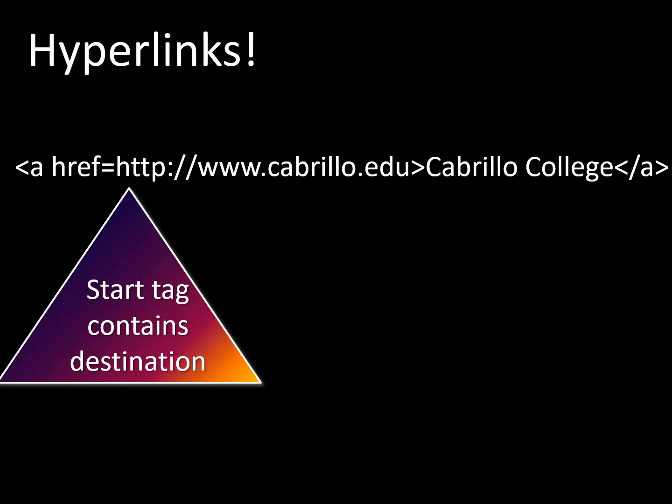Today we'll also create a hyperlink to some text on your page. A hyperlink is created with a set of paired tags, A tags, and you're going to see that the start tag here has an A, and then it has H for hyperlink, ref for reference.